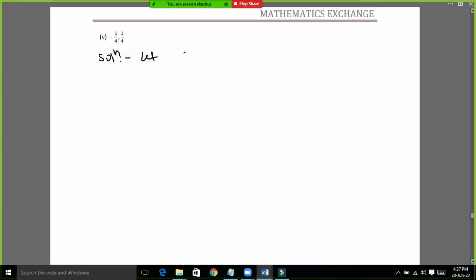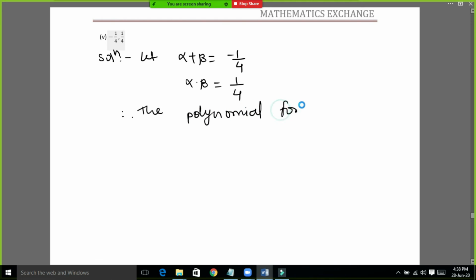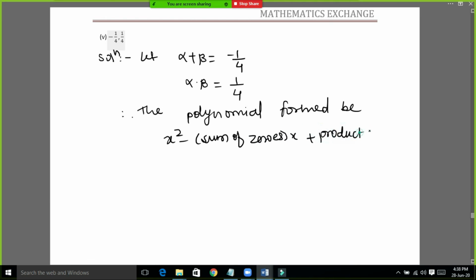Again, let alpha plus beta be equal to minus 1 by 4 and alpha into beta be equal to 1 by 4. Therefore the polynomial form will be x square minus sum of zeros into x plus product of zeros.